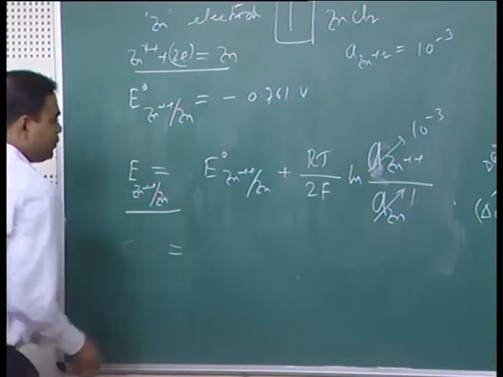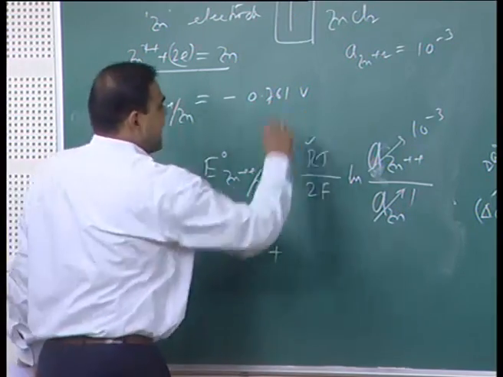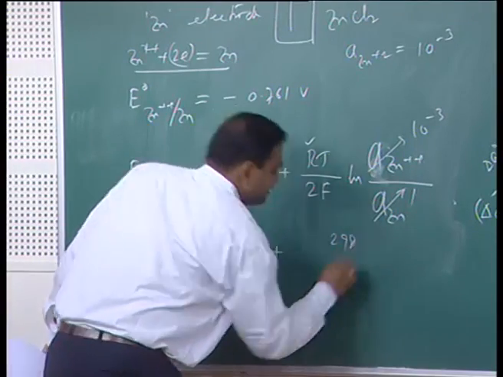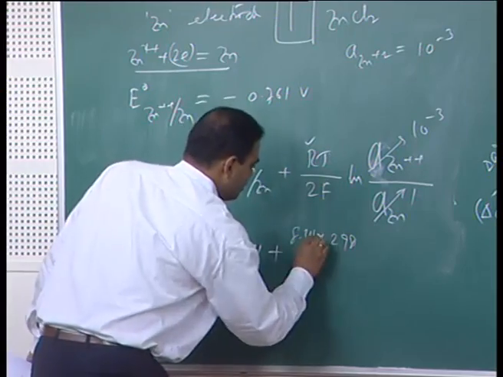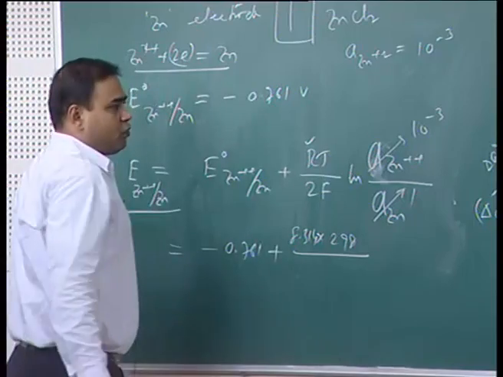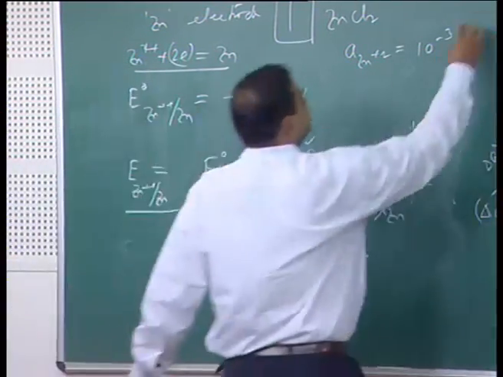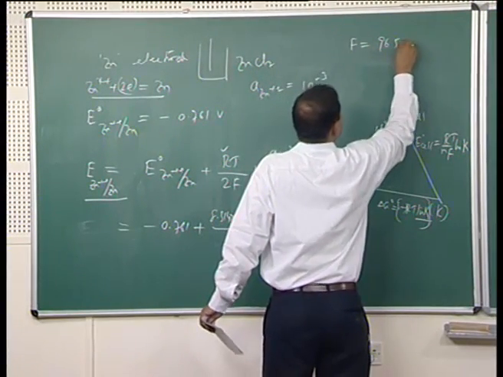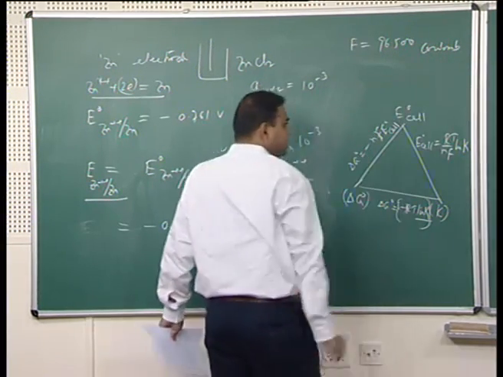So now let me put those values: minus 0.761 plus, now at 25 degrees Celsius this T becomes 298 Kelvin, R is 8.314 joule per mole per Kelvin, and F is roughly 96500 coulomb per gram equivalent.